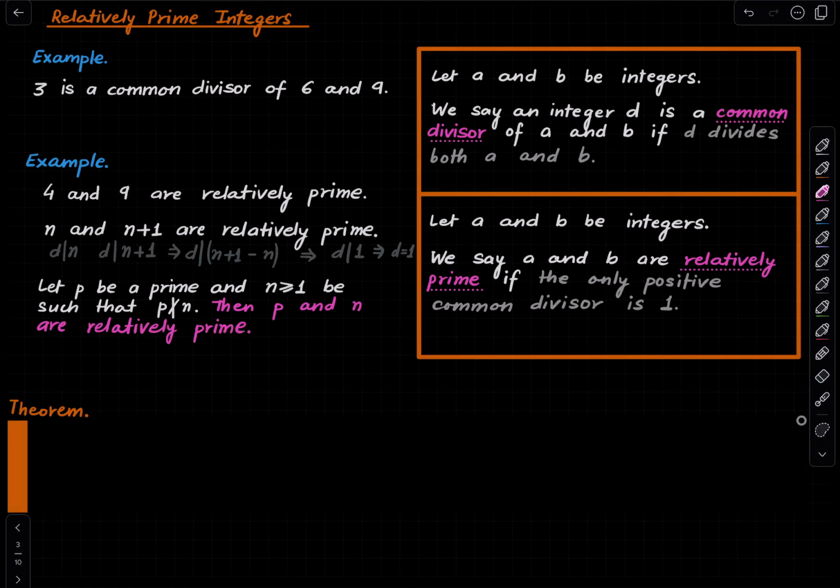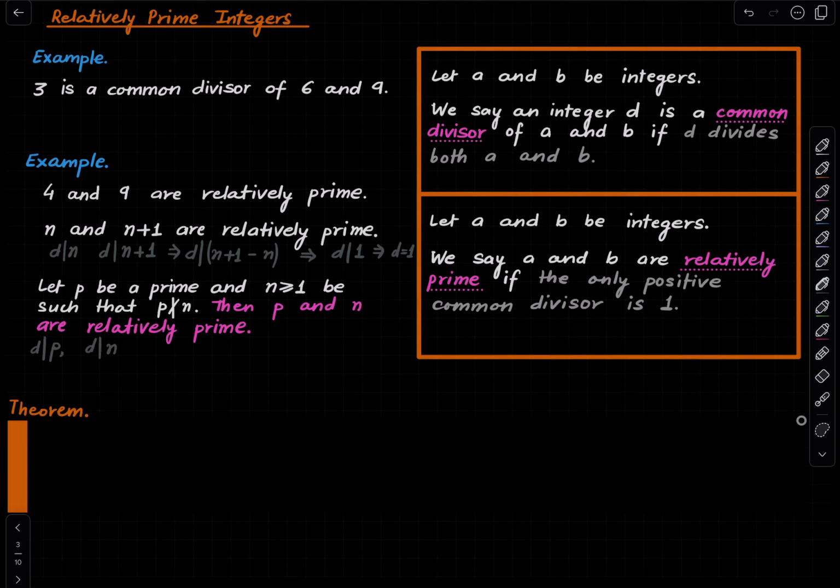So why is this? Well, recall we previously proved that if a prime number divides the product of two integers, then it divides at least one of those two integers. Or maybe we don't need that, let's see. So suppose d is a common divisor. So suppose d is a positive integer and it divides p and it divides n.